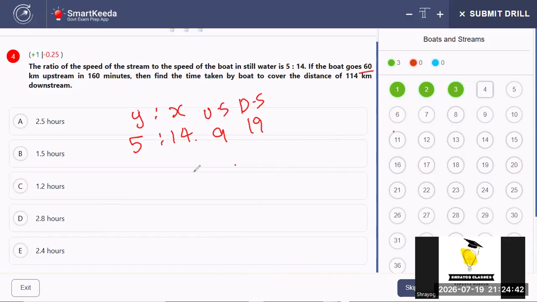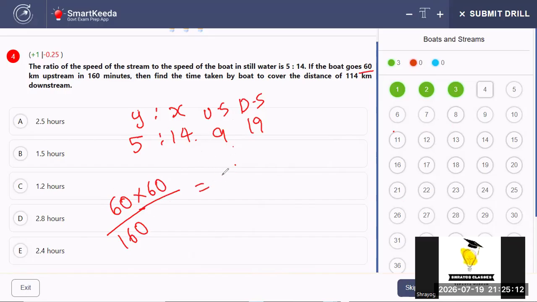If the boat goes 60 kilometers upstream in 160 minutes, distance upon time is equal to speed.